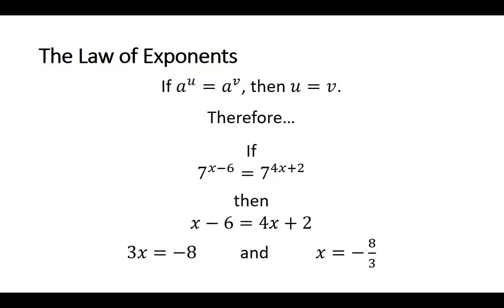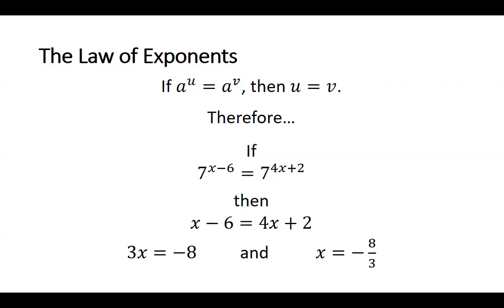One side note that I'll mention, and you may run into this: you won't always be given the same base. But if you can create the same base, then you can do this.